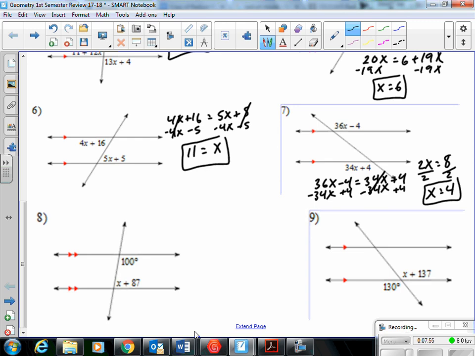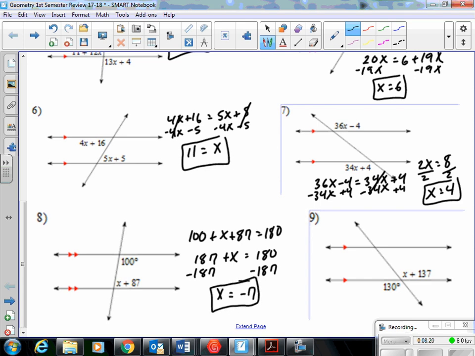So 2 angles added together should equal 180. 100 plus x plus 87 equals 180. Combine our like terms, 187 plus x equals 180. Subtract the 187. So x equals -7.